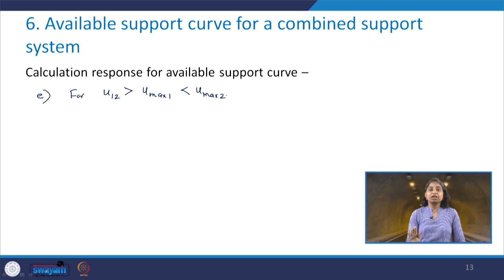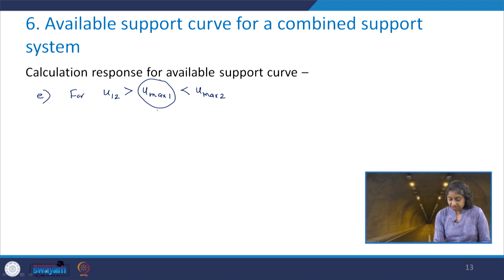Out of the three deformation values, that is u max 1, u max 2 and u12, which one is the minimum? It is u max 1 which is the minimum. So, in this case, which support system will govern? It will be the system 1. So, in this case u max 1 will be attained first.